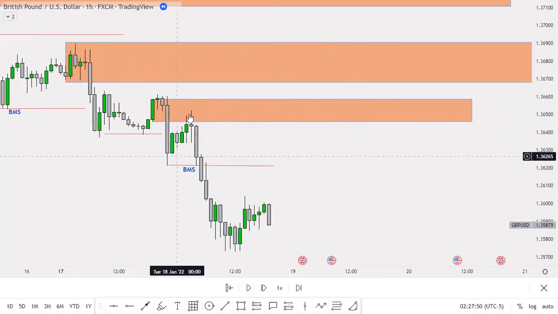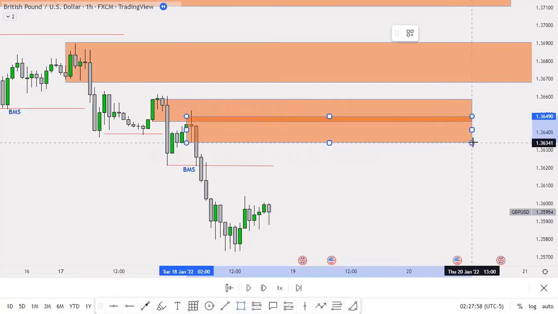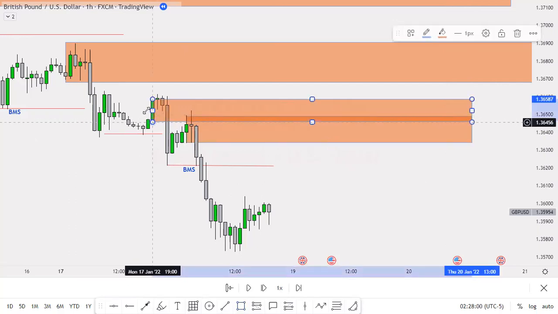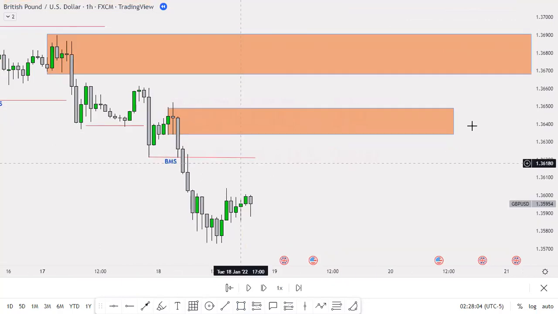Because our order block now is this one. This is our order block now. So we're going to wait.